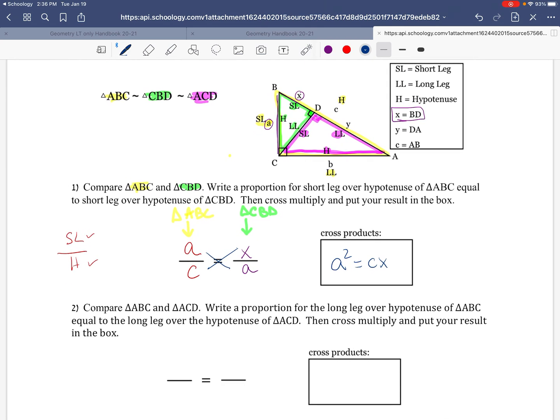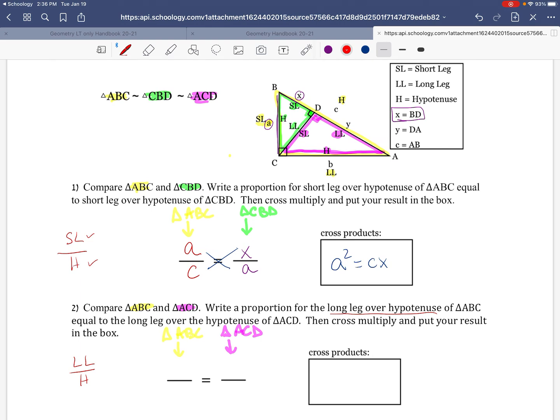Let's try that down here with triangle ABC. Triangle ABC is the yellow triangle, and I'm going to put that here. And then I'm going to compare that to ACD, which is the pink middle triangle. What I'm comparing is the long leg over the hypotenuse for each of those triangles.